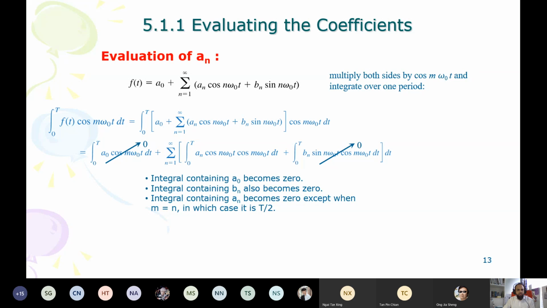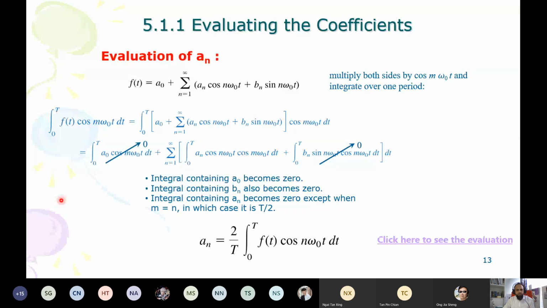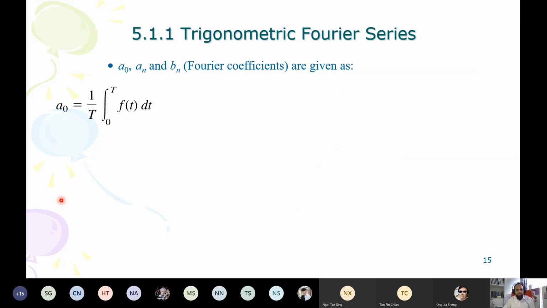That's why this will be equal to an T by 2, and we just bring T by 2 to the other side to get the an value. Similarly for bn also. But you can go through the videos, you can easily see all those.